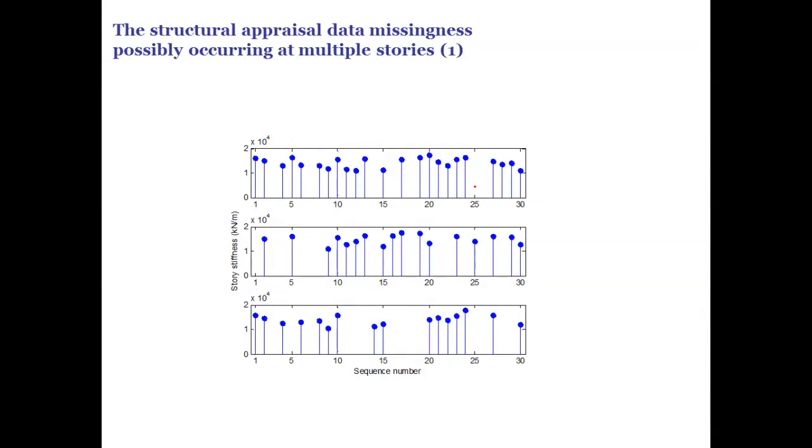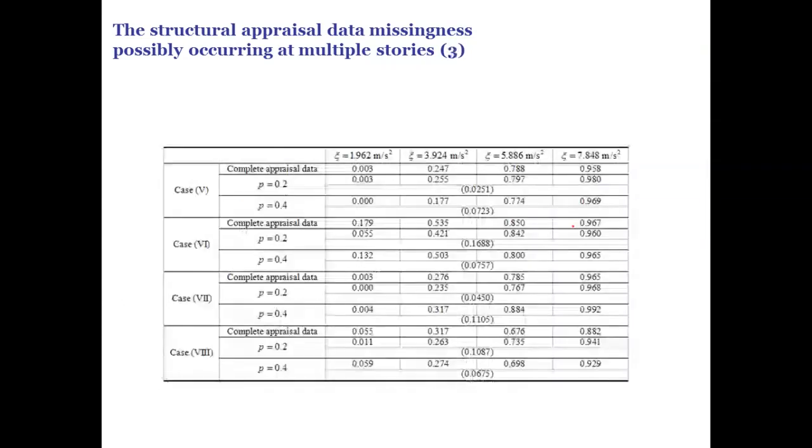This time the data missingness may happen at multiple stories. At each story level, we may have some data missingness events. And similar conclusions can be made. That is, data missingness events can sometimes create problems for the subsequent damage prognosis procedure.